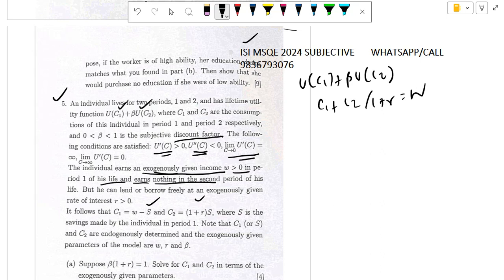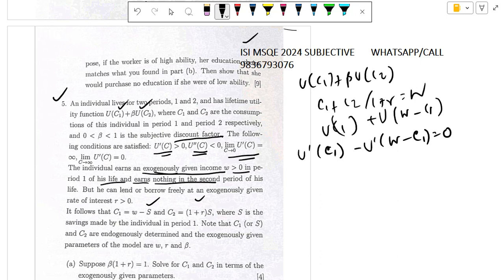Since beta into (1 plus r) equals 1, we can rewrite this as u(c1) plus u(w minus c1). To maximize this utility function, we take the derivative with respect to c1 and set it equal to 0. So u'(c1) minus u'(w minus c1) equals 0.